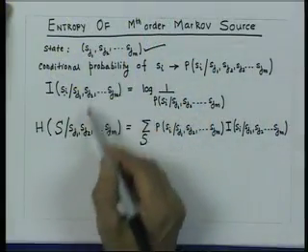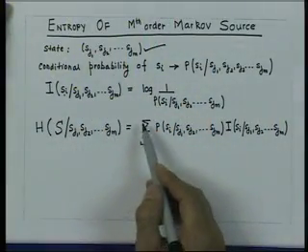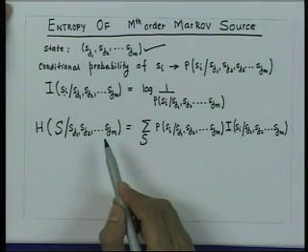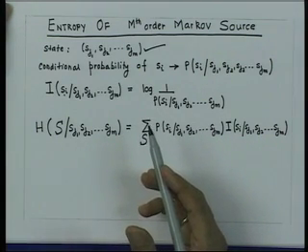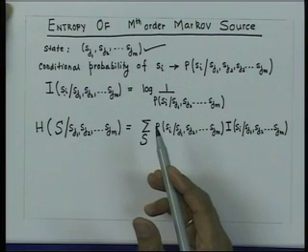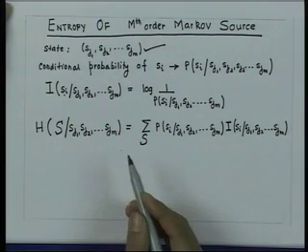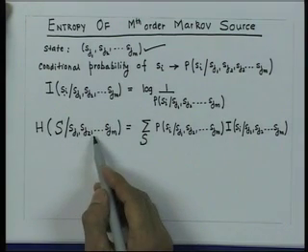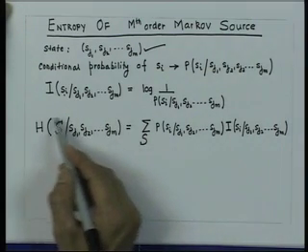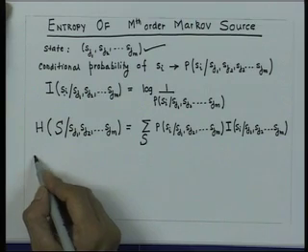So, if I average this quantity over all the states, then what I will get is the entropy of that mth order Markov source. So, to get the entropy from this quantity, I have to take the average.